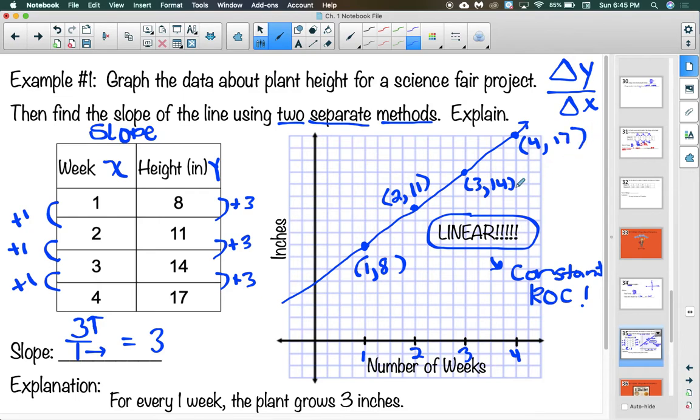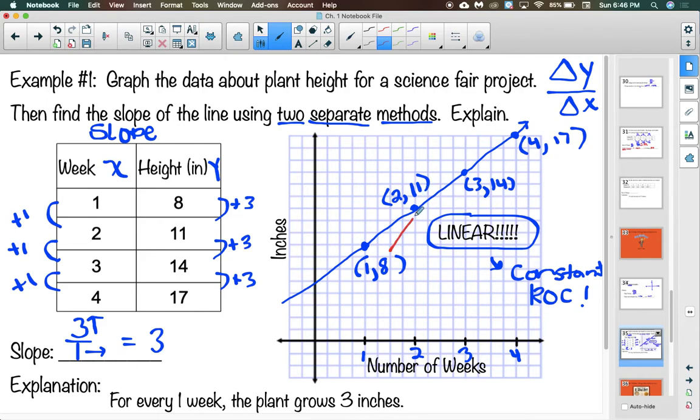And since this is a linear graph, since the line is straight, we only have to find delta y over delta x in one spot. Okay, from this point to this point, or we can choose those 2 points or whatever, but we only have to find it once because it's linear. That's really important. Really, really important. So I only have to find delta y over delta x once.